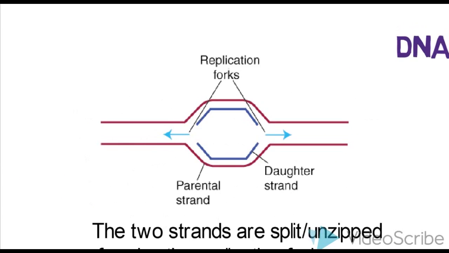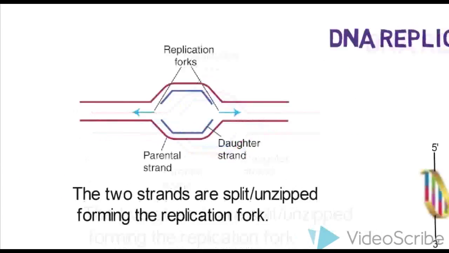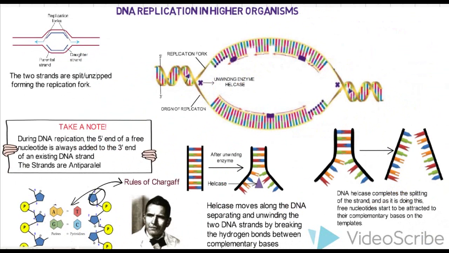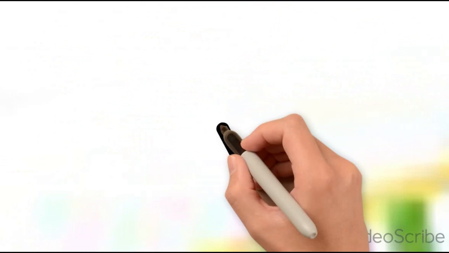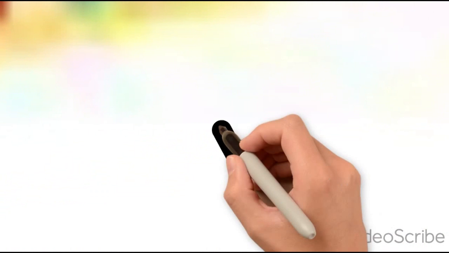So here you see a diagram about the replication fork. It has the parental strand and the daughter strand. When it unzips, it starts to become the template strand, or in other words, we say it's the old parental strand.